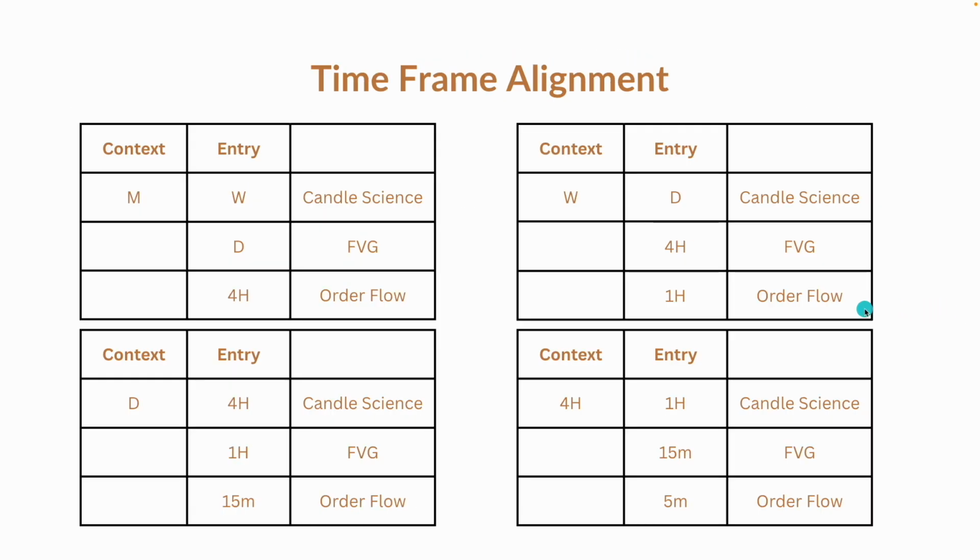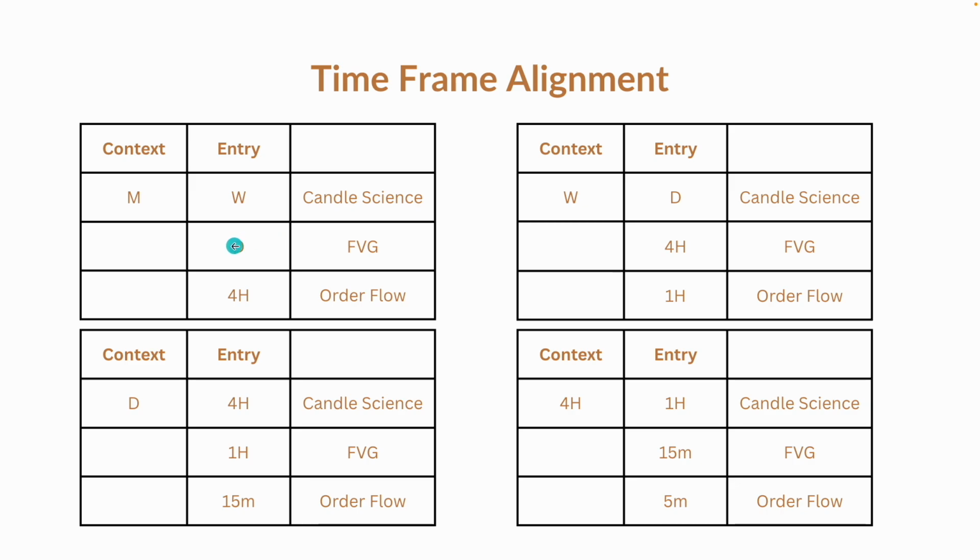Let's understand the time frame alignment for understanding the context and the entry. When you find context on the monthly frame, your entry could be on weekly, daily or 4-hour time frame. If you are taking entry on weekly, it can be based on candle size.